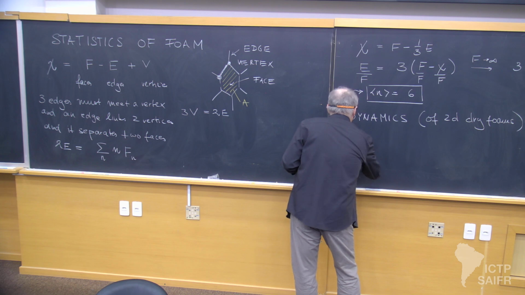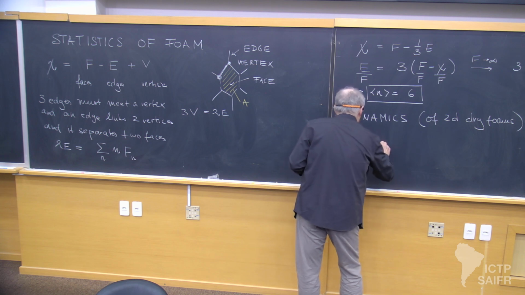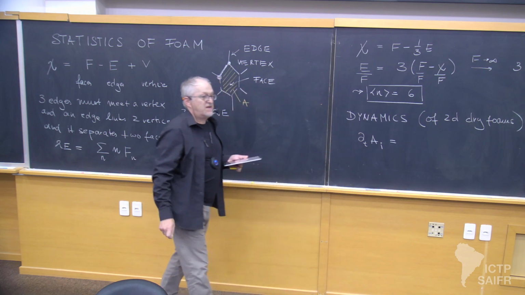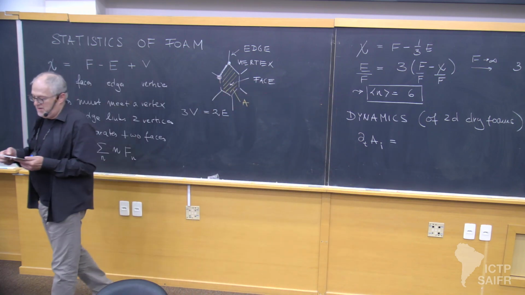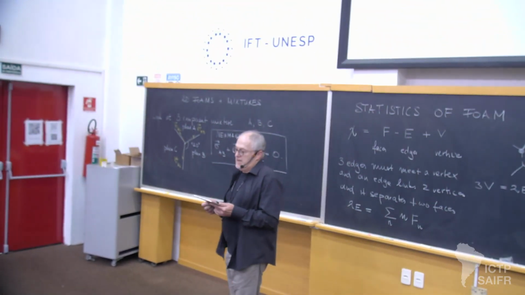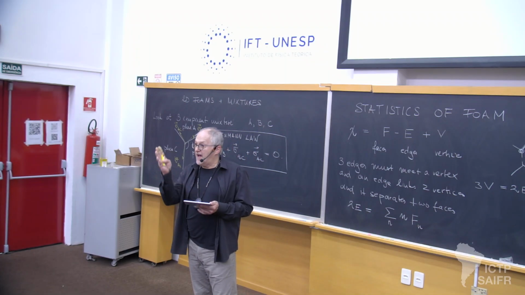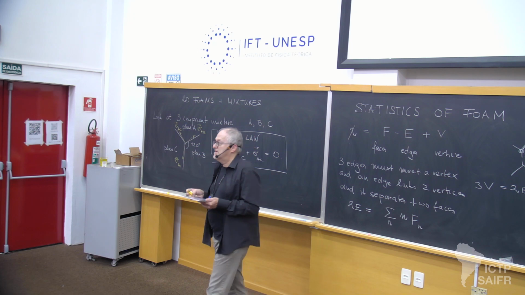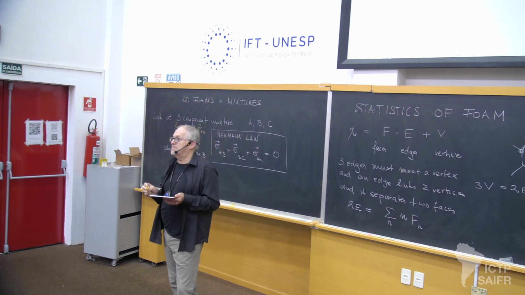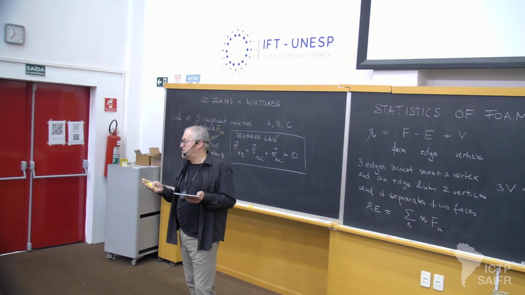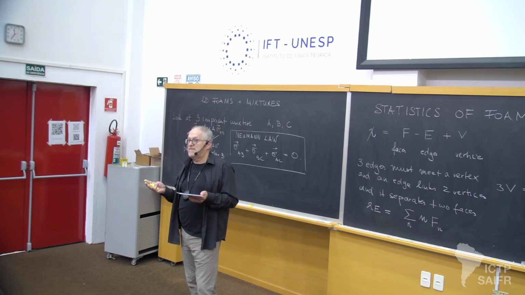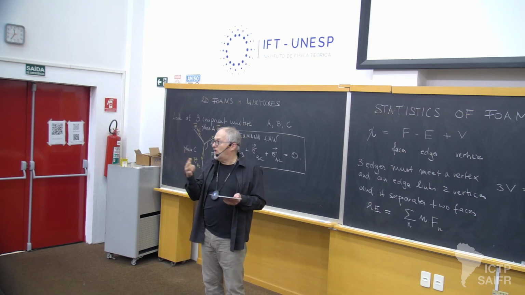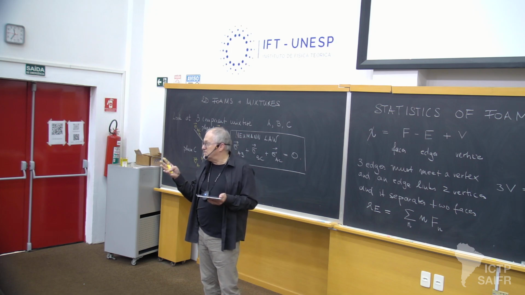Now let me write down an equation that has a certain set of assumptions in it, but they are pretty straightforward. As you have such a film between two bubbles, the area of the bubbles will change. Why would it change? These films are not tight. There's flow of air between the films.